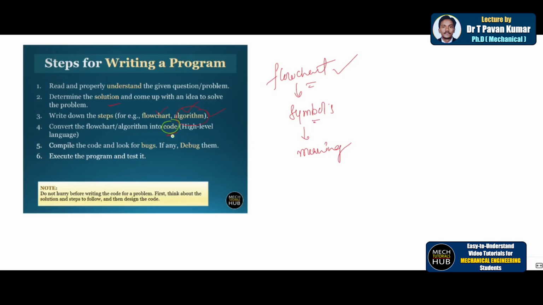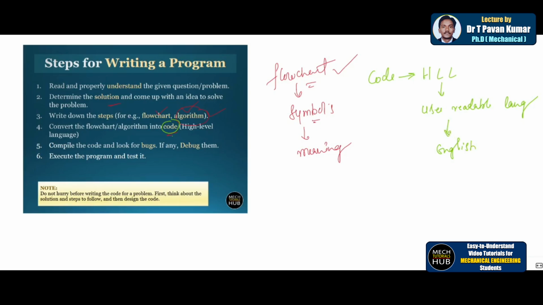This code, whatever we are going to develop, is called a high level language. What is a high level language? Nothing but user readable language, which is written in English.